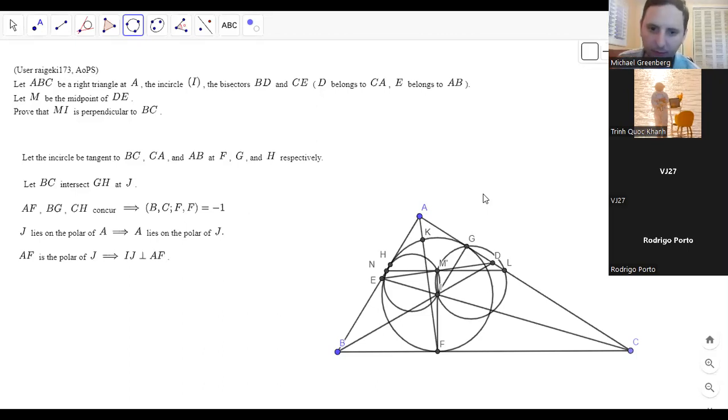So let's think about this. It seems like showing DE is perpendicular to AF should be doable. I'm just not sure. Yeah, it's tricky.